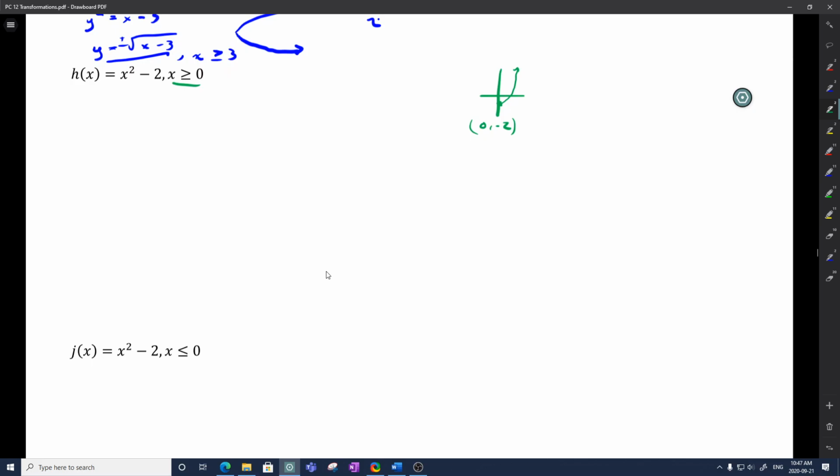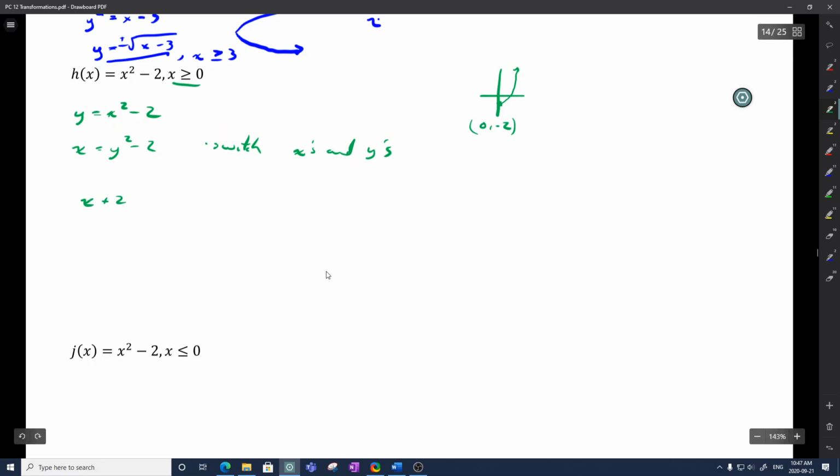So let me start with the algebra. y is equal to x squared minus 2. I switch the x's and the y's. Now I solve for y.